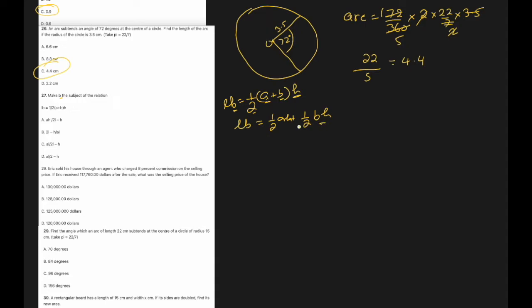Since we want this B and this B to combine, bring this B to the left side. LB minus half BH equals half AH.